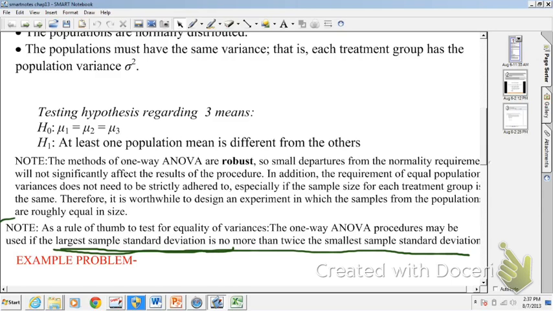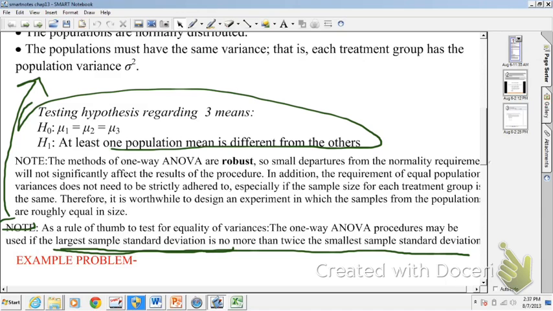So for us, rather than running an F-test to check that constraint, we'll use that rule of thumb. Okay? A little bit now on the null and research hypotheses, which is right here. Your null hypothesis regarding three means is going to be that mu1 equals mu2 equals mu3. Your H1 is going to be that at least one population mean differs from the others.